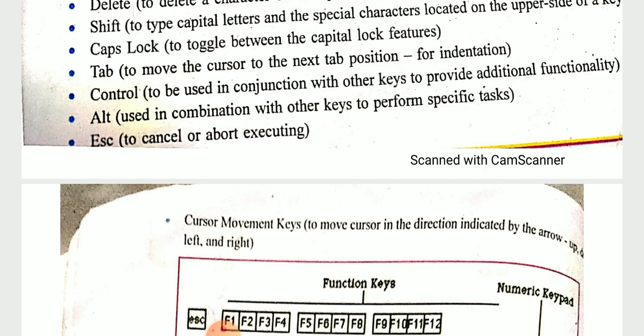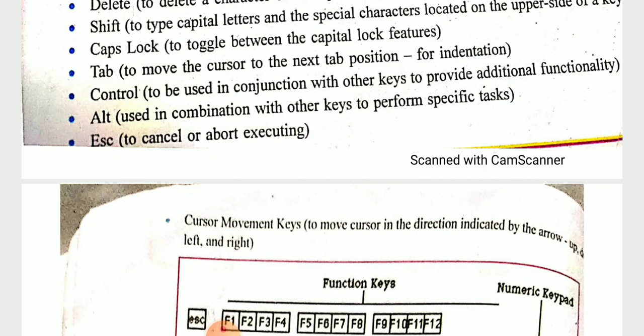The next, alt key. Alt key is used in combination with other keys to perform a specific task. For example, if I want to close any document or any application from my PC, then I use Alt plus F4.